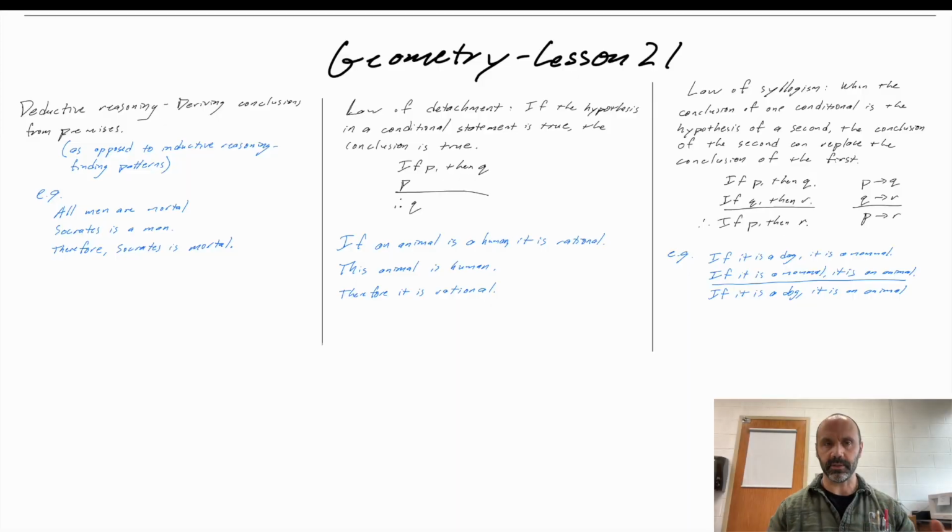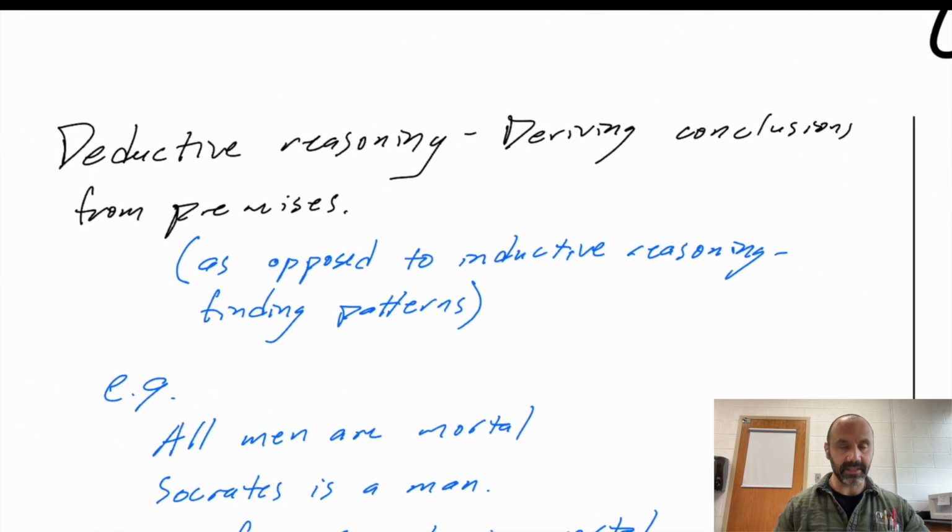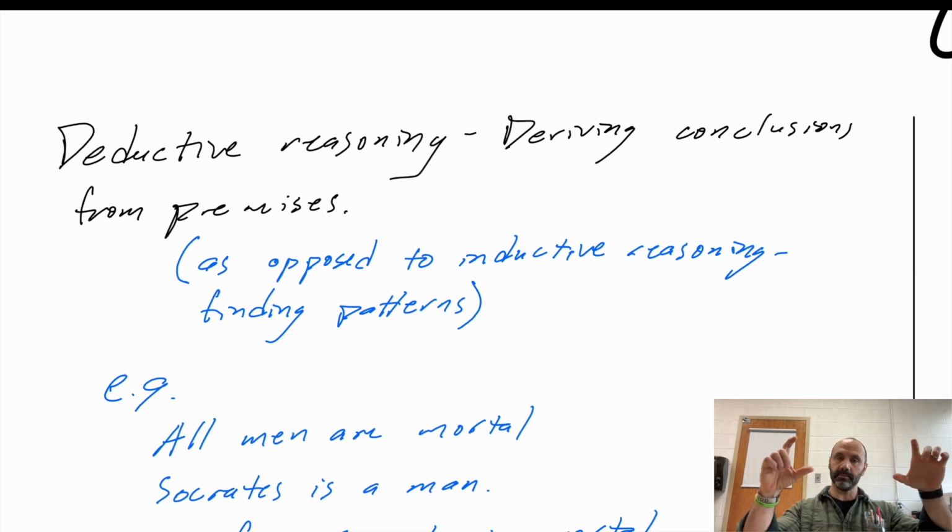And so we've seen inductive reasoning, that's finding patterns, right? But what we're going to talk about today is deductive reasoning. Deductive reasoning is when you have premises and then you get a conclusion. If the premises are true and arranged the right way, then the conclusion has to be true. Inductive reasoning, you're finding a pattern, and there may be something that shows up next that disproves the pattern you're trying to find.